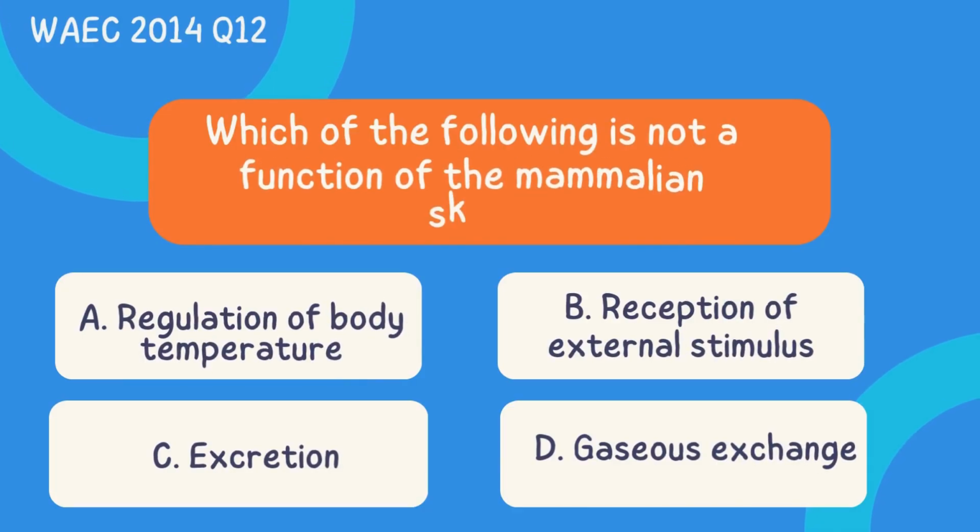Option B, panting, is wrong, and vasoconstriction is also wrong because both are ways the body regulates temperature on a cold day and not when the body is raised above 37 degrees.